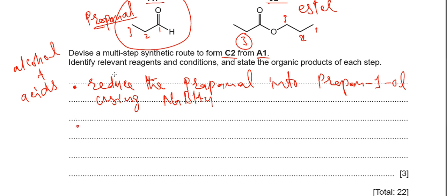As it says, identify relevant reagents and conditions. So I'm writing in this form: this is the reagent here, and this was the product.